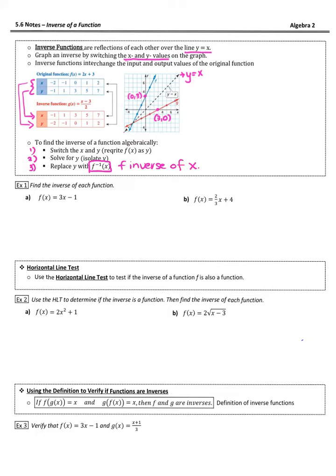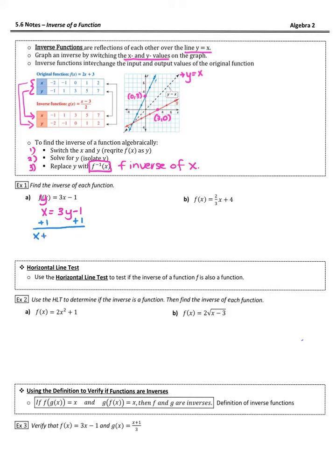All right, so let's actually see how this works. Find the inverse of each function. So f of x is just another name for y, so I'm going to call it y. So our first step is to switch the x and the y. So this will become x equals 3y minus 1, and we want to now isolate the y value. So the first thing I'm going to do is add 1 to both sides.